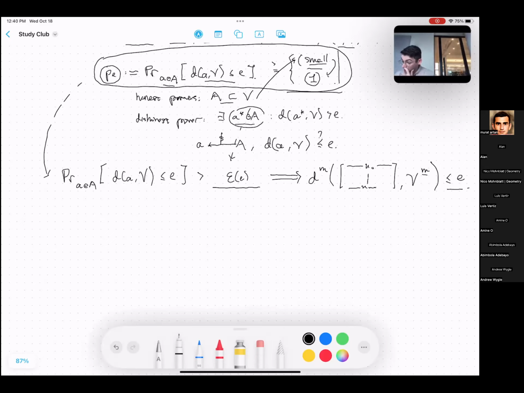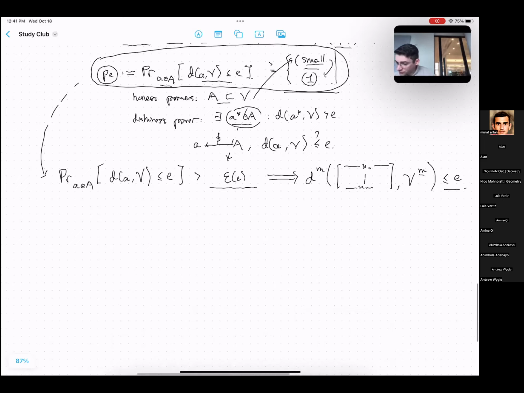Intuitively, you can think of this as saying that every row of this matrix is close to the code, and in fact, the whole subspace is close to the code. What exactly this means, I'm going to get to in a bit.